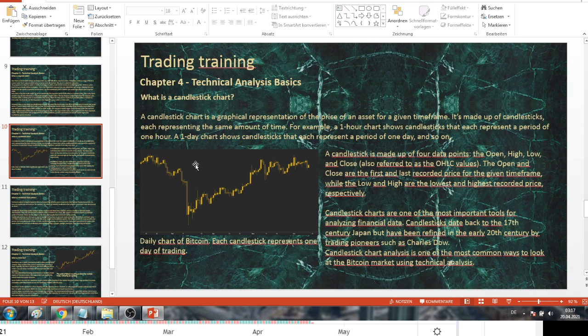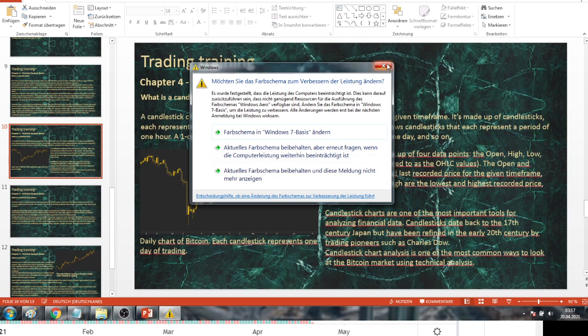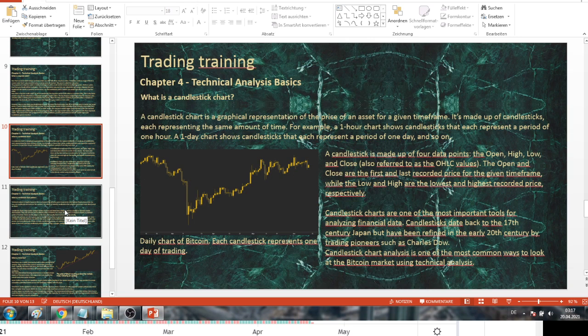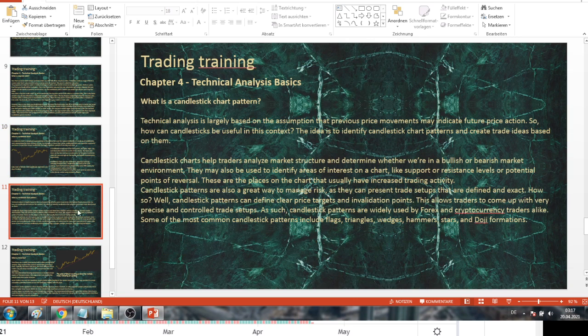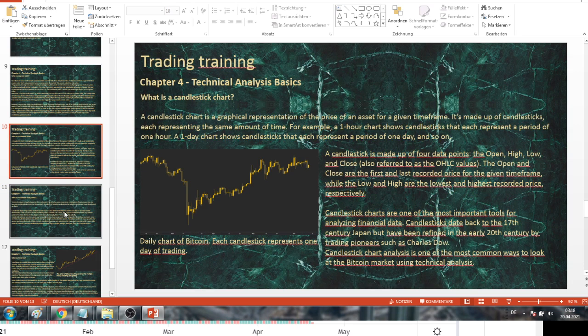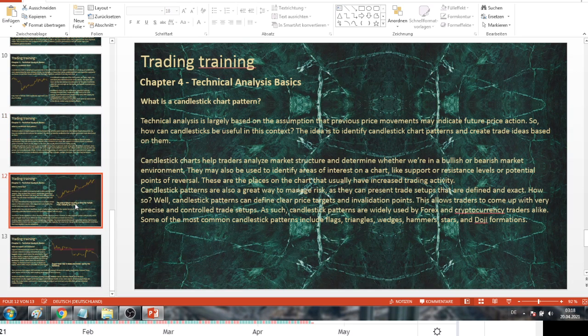It's one pattern. So we have candlestick patterns, and let's look at what I explained before. So we go to the next.